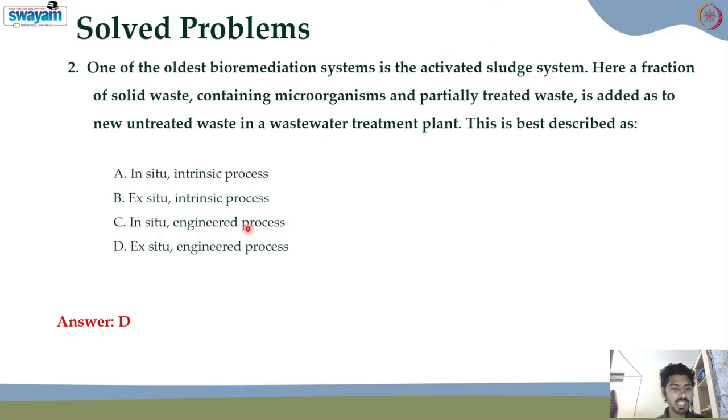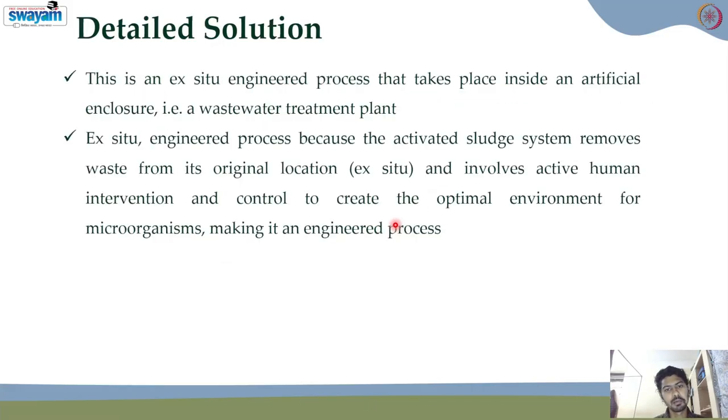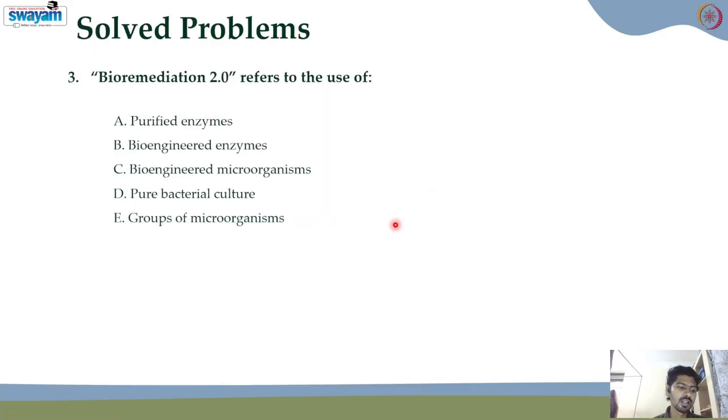That is why it is engineered, and we are taking this pollutant outside from the site. And that is why it is called ex situ engineered, as the processes occur in the external environment, that is the wastewater treatment plant. So we will move on to the next question.